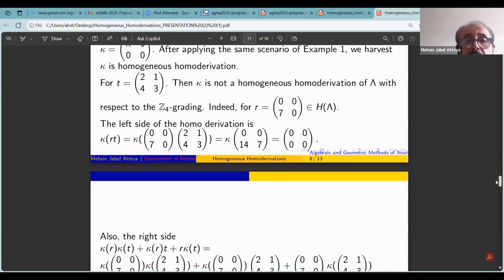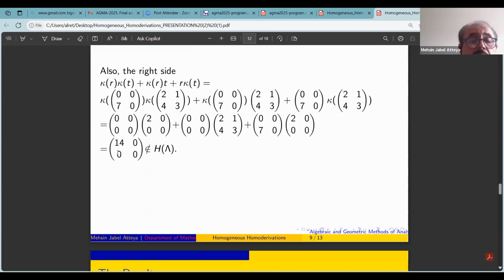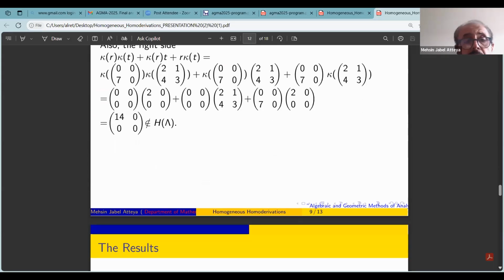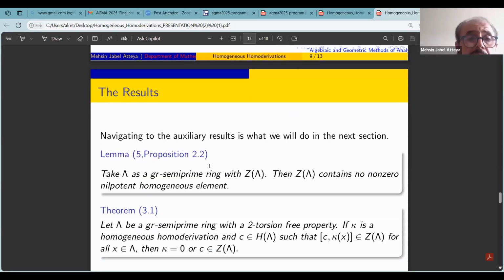We find it is not satisfied, because the left side equals 0, 0, while the right side gives us 14, 0, 0, 0, which does not belong to H of lambda. Now we are navigating to auxiliary results, which is what we will do in the next section.